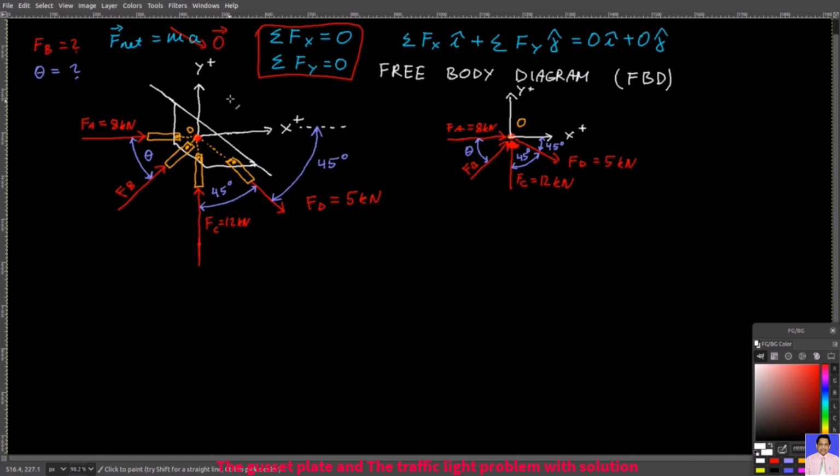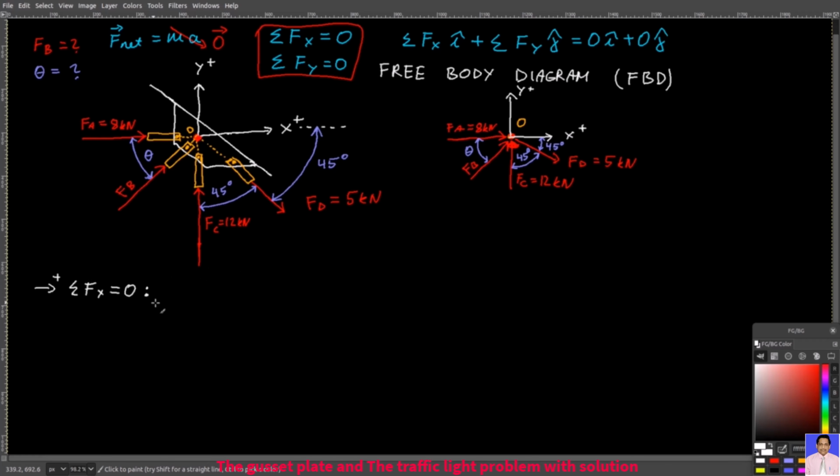And so you do that by writing out all the forces in the x direction and equating them to 0, and then in the y direction as well, and equating them to 0 as well. So I write the sum of the forces in the x direction equals 0. This arrow here shows that positive x is to the right.